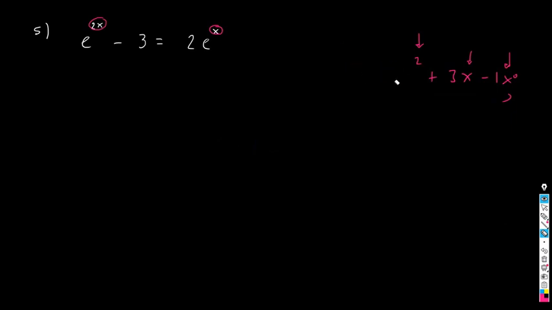Okay, let me tell you what. First, I'm gonna arrange it so as to have all the terms on the left side. So it's gonna look like this: e to the 2x minus 2 e to the x minus 3 equals 0. So I'm gonna put it like that.